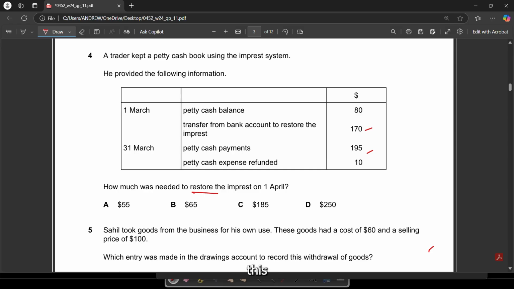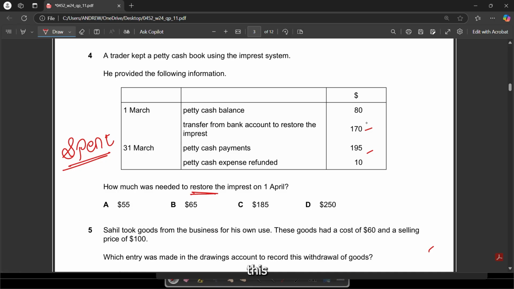They are asking us how much was the amount by which we need to restore the imprest. By the way, what is the imprest? The imprest is nothing but the amount which is required for a petty cashier to start the following month. One simple trick: the amount restored would be the net amount which was actually spent.